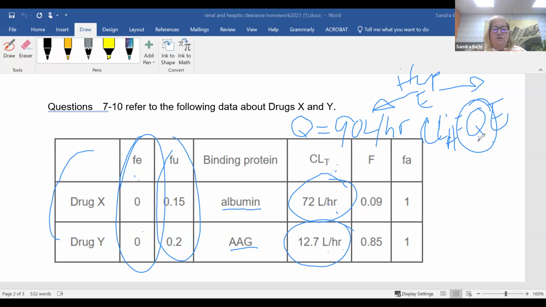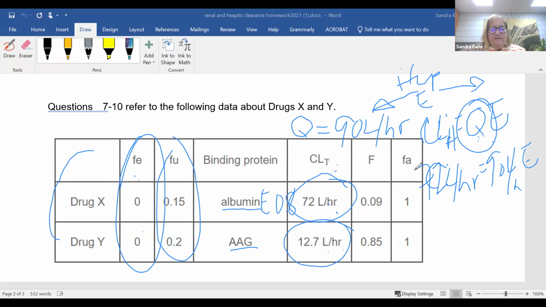So for drug X, clearance is 72 liters per hour. It's equal to 90 liters per hour times E. So 72 divided by 90, this is going to be a high E drug, isn't it? So it has an E of 0.8.